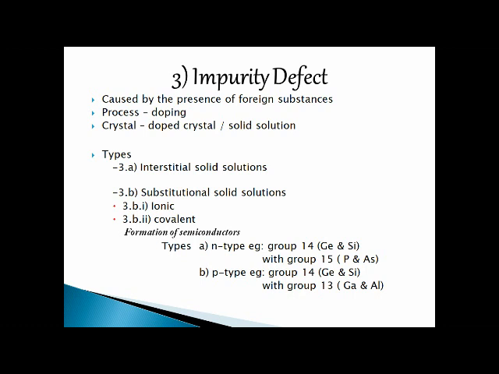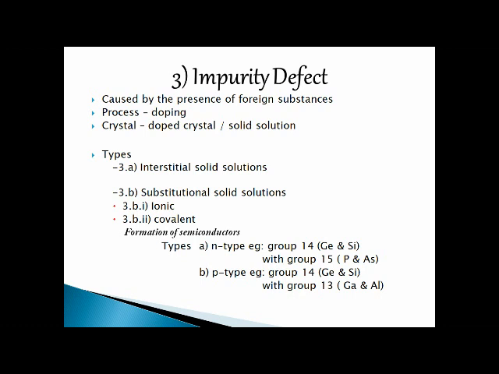Group 14 elements have valency 4, and group 15 elements have valency 5. So due to the excess of one electron from group 15, there is conduction of electricity. That's why this is known as N-type semiconductor.